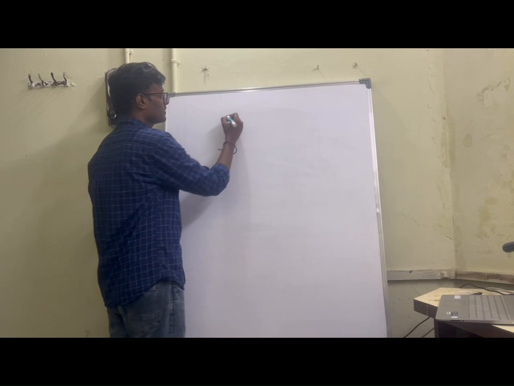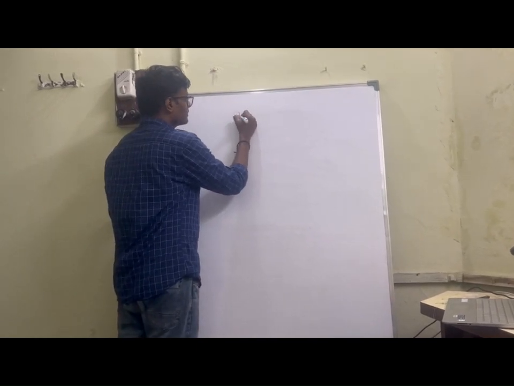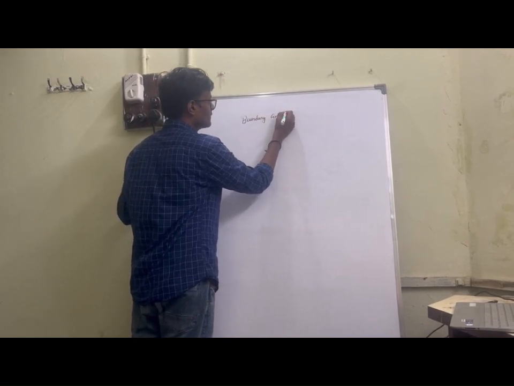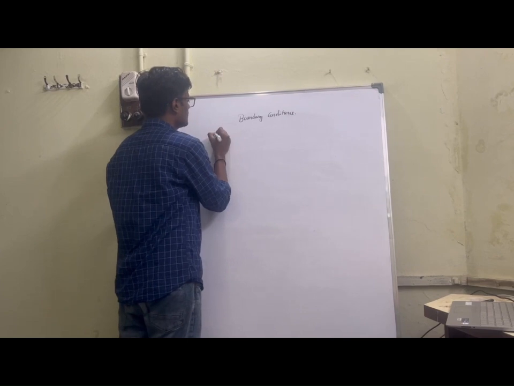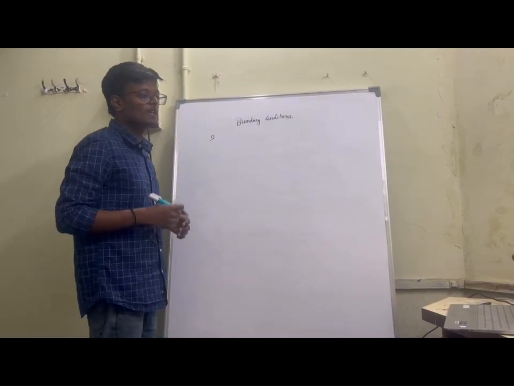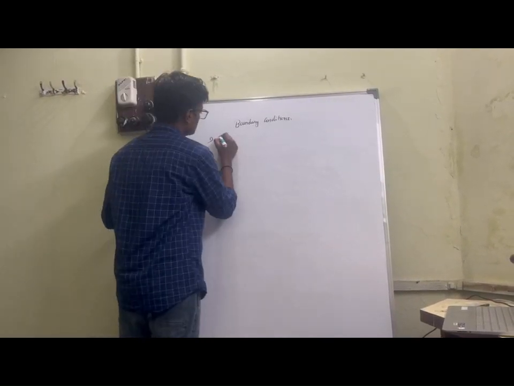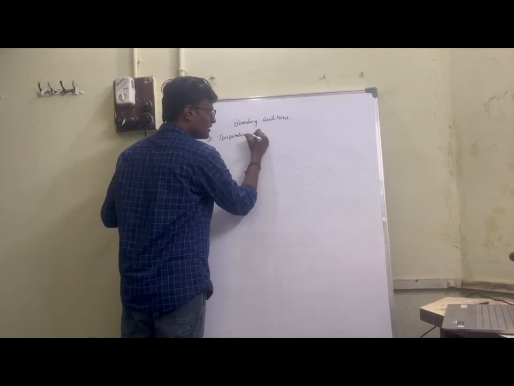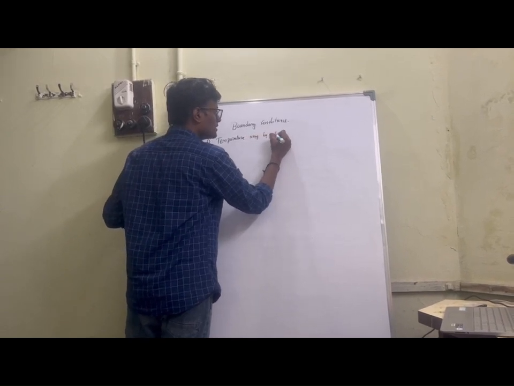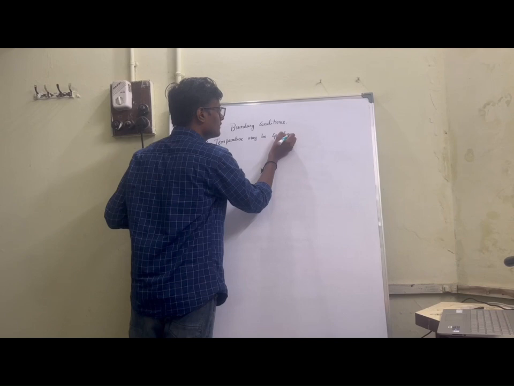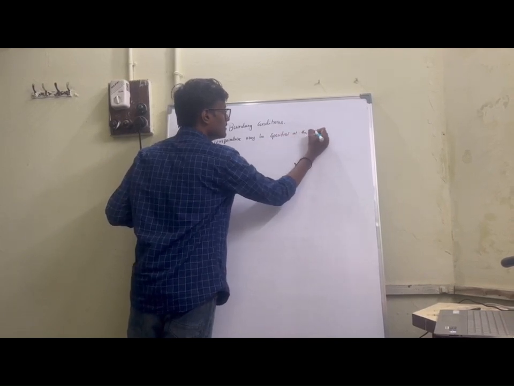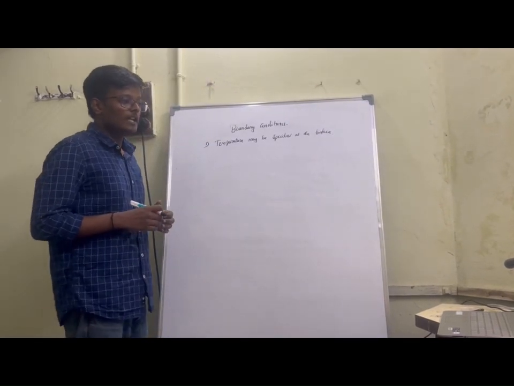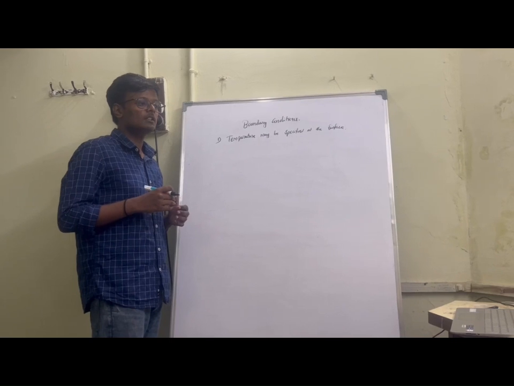Now the boundary conditions. First one is the temperature may be specified at the surface. Now second one is the heat flux normal to the surface may be given.